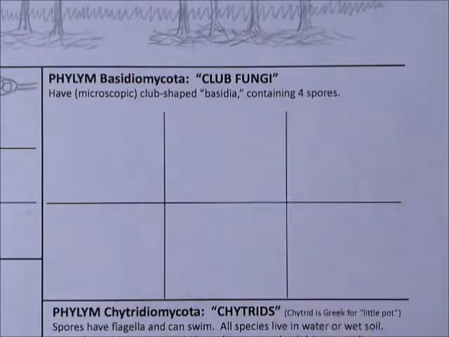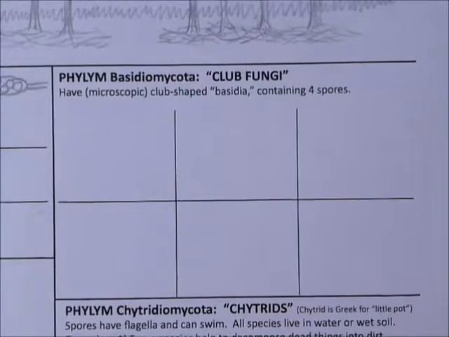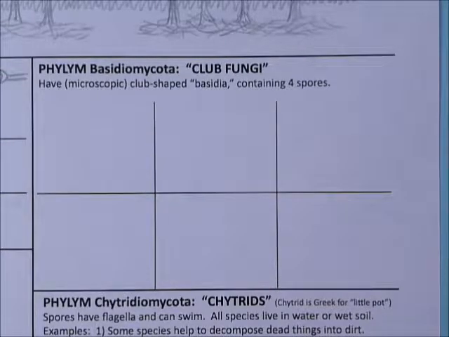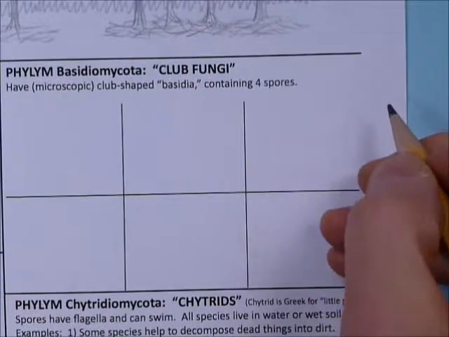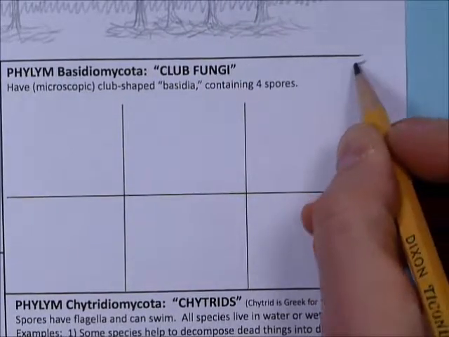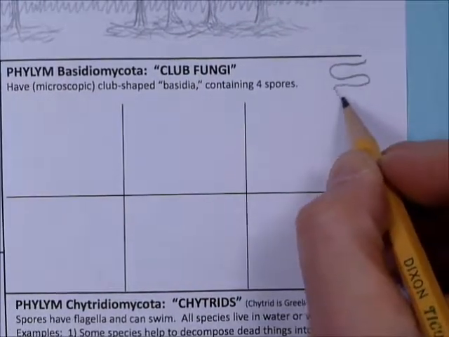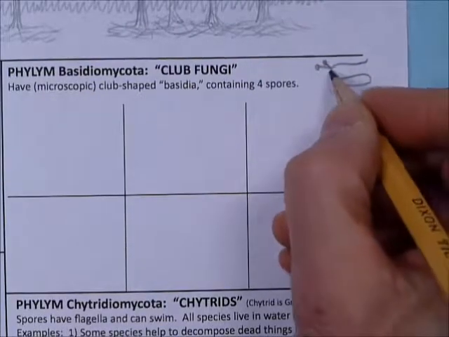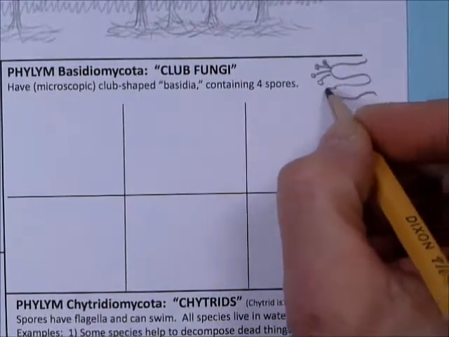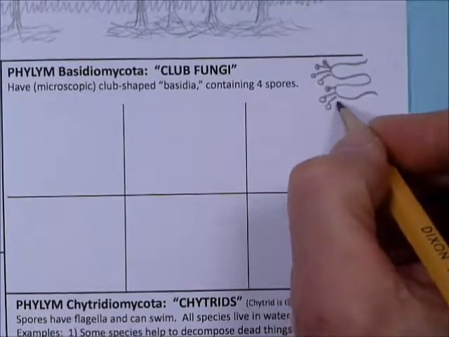So basidio means club. So the club fungi, don't expect to find a mushroom that looks like a club. It's going to be microscopic, and we can just draw right here some things like we just saw, and put 1, 2, 3, 4 clubs on each one.